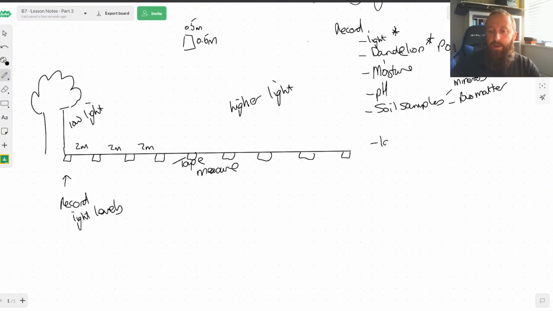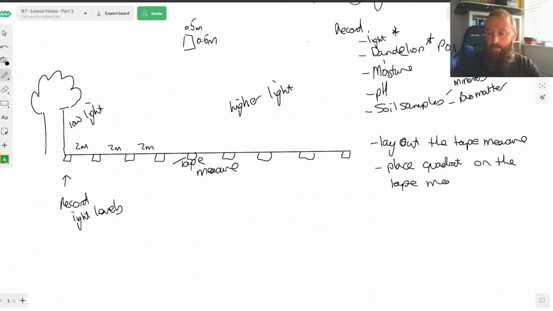So we're going to lay out the tape measure. We're going to place the quadrat on the tape measure. For this one, if I'm doing light, I'm going to record the dandelion population, and I'm going to record the light level.